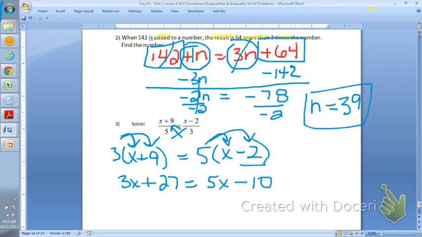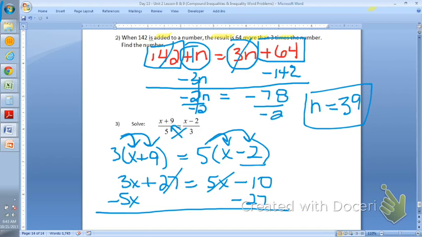Then you need to combine like terms, but you need to get your terms on the same side of the equation. So we have a 5x that needs to move over, so we'll write negative 5x. Cross that off. I'm going to try not to use our training wheels here. Positive 27 is a constant. I need to move it to the right, so I'm going to write negative 27.